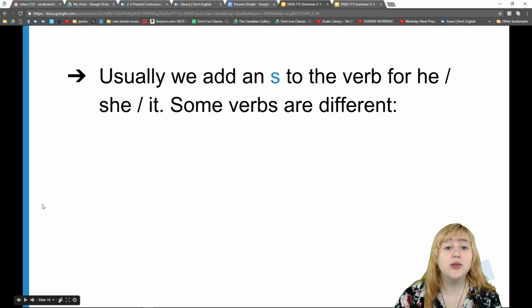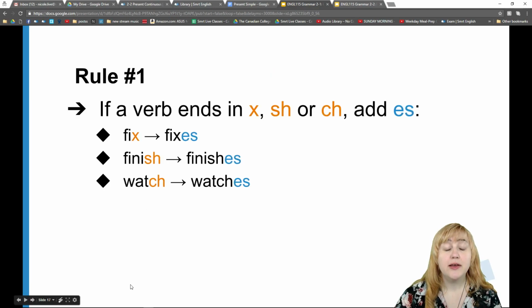First, usually we add an S to the verb for he, she, or it. So usually we just add an S, like play, plays, for example. But we do have some special rules.